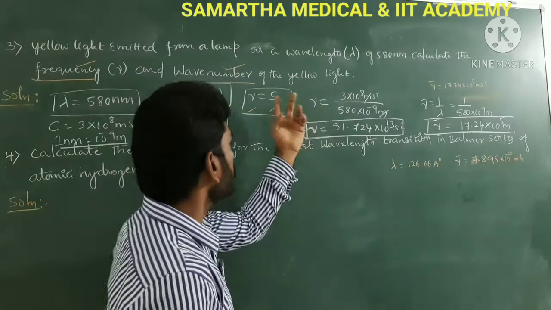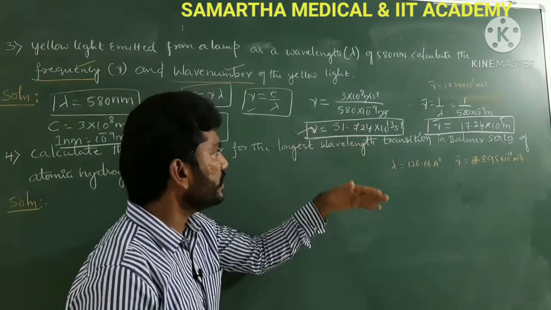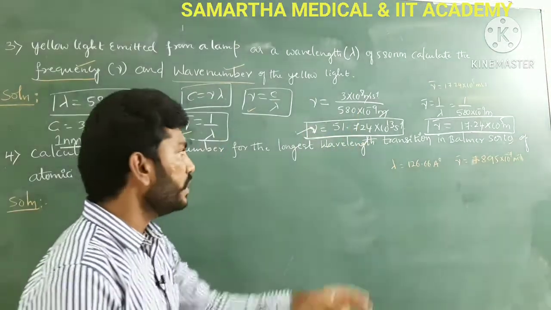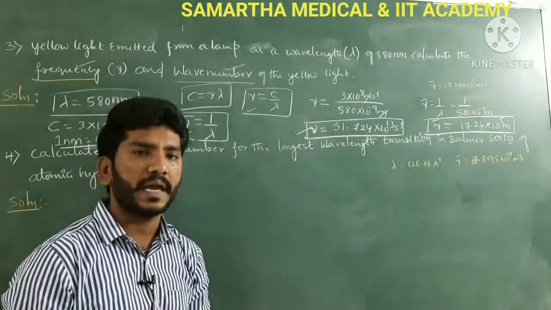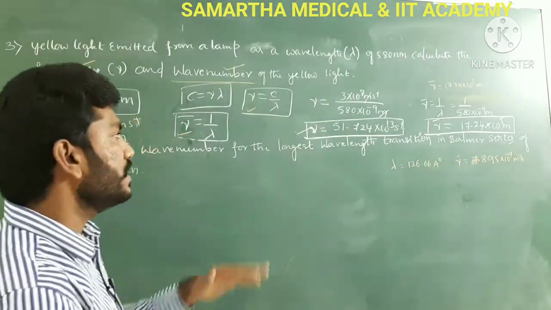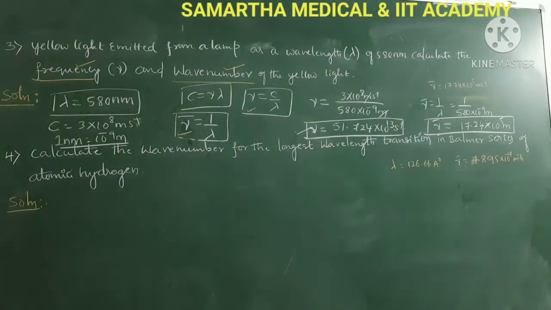Substituting these values, we get 51.724 into 10 to the power of 13 per second. This is the way of calculating the wave number as well as the frequency, guys.